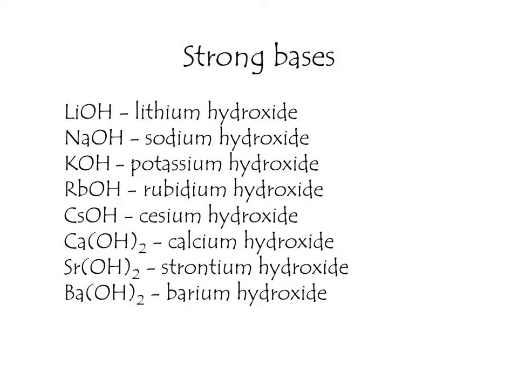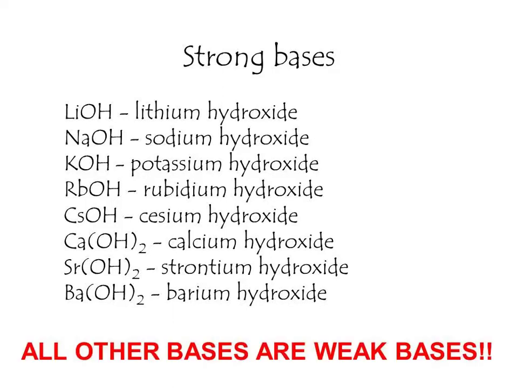The names of the element groups already indicate that they're going to be forming basic products, because of alkali and alkaline earth. So if they're not one of these types of hydroxides, then they are all considered weak bases. So if you have a copper hydroxide, that's considered a weak base.